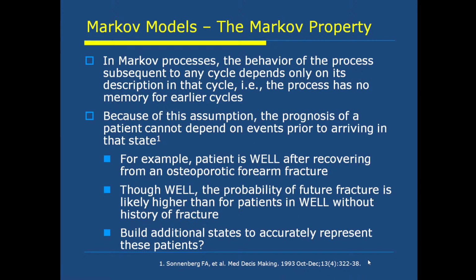For example, a patient is well after recovering from an osteoporotic forearm fracture. Though well, the probability of future fracture is likely higher than for patients in well without a history of fracture. Build additional states to accurately represent these patients.